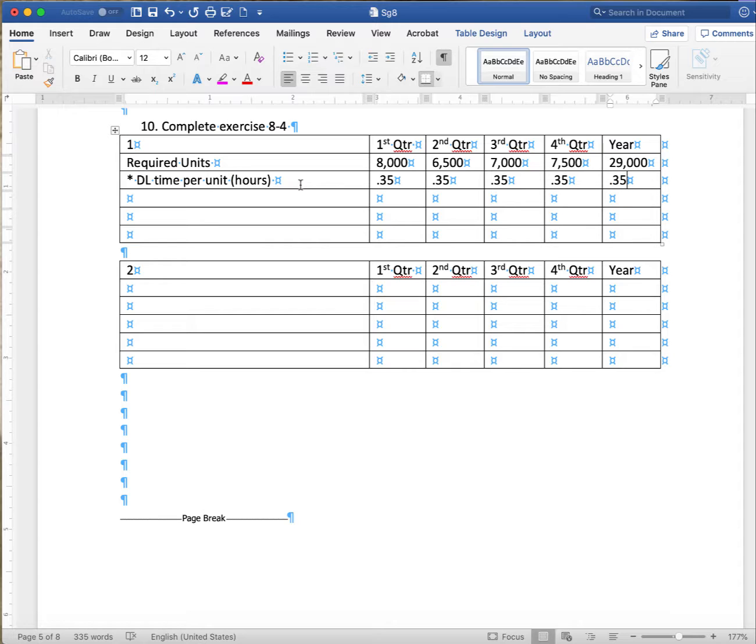Okay, so now we multiply those to figure out what's the total direct labor needed. Direct labor hours. So I'm going to abbreviate that and say DLH, direct labor hours needed, to meet production. Well, that's easy. 8,000 times 0.35 gives me 2,800 hours.